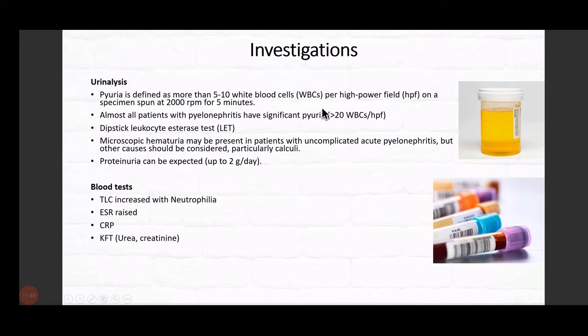As the kidney may be compromised because of this, proteinuria can also be expected. Now, these are the investigations which we do on urine routine microscopy. If the patient is comorbid, then the patient may have elevated sugars also. In the blood investigations, we are looking essentially for a CBC, that is a complete blood count.